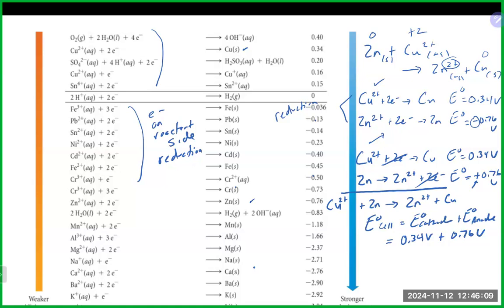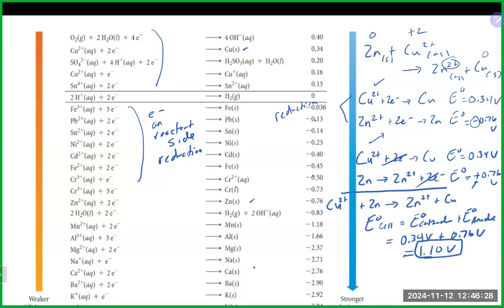And if we add that together, we're going to get a good voltage of 1.1 volts. So that is what I'm talking about: if you decide to flip the sign yourself, which is perfectly fine, and that's how some people are taught, you should just add them together.